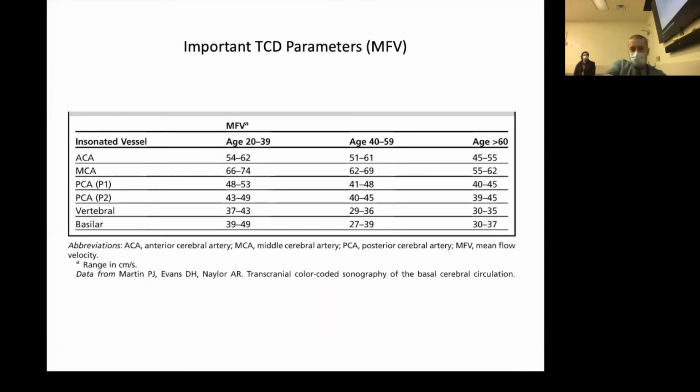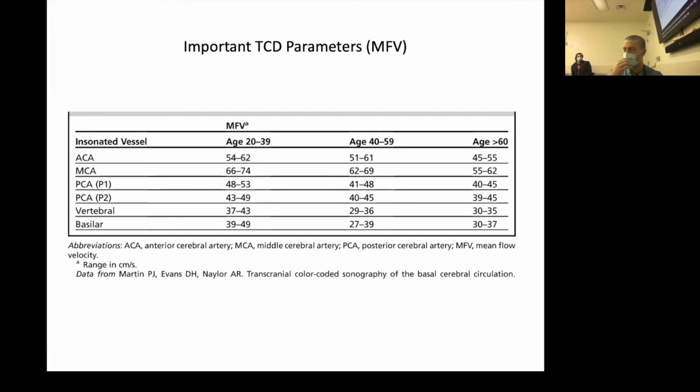Then, parameters that are critical for our understanding: do I know what a normal MCA waveform looks like? It's a bit of a busy slide, so I apologize. It gives all the normal parameters that are age dependent in terms of your mean flow velocity, which is what we really care about.